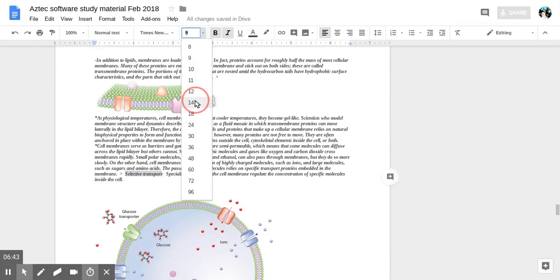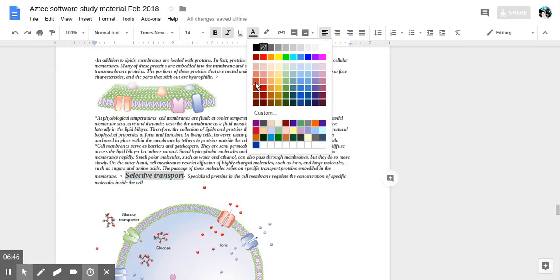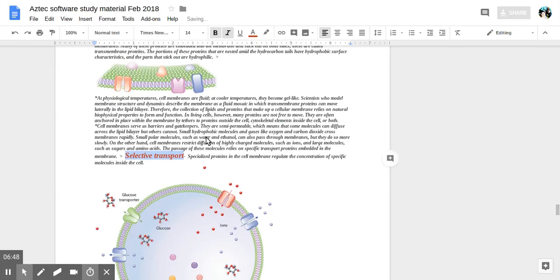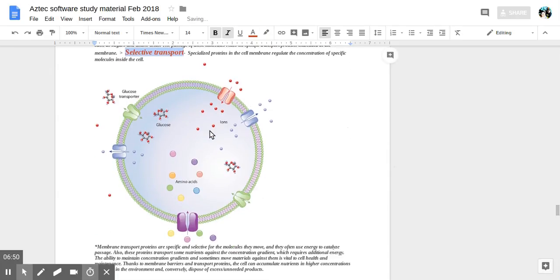So we did review this in earlier videos as well, but just going over it. You have different channel proteins and membrane proteins, transport proteins. This one's a glucose transporter, transporting glucose into the cell and outside.